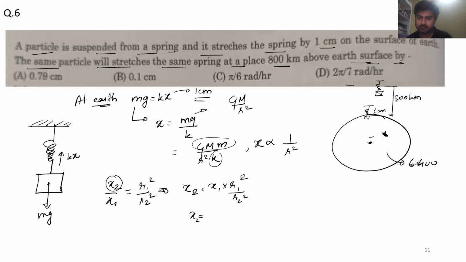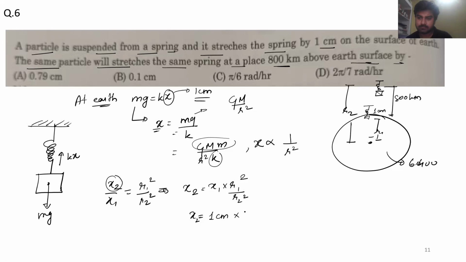I have written x1 and x2 by mistake. These are R2 and this is R1. X1 and x2 we have taken as elongation, right? So the relation of the elongation is given here. We have to find the second elongation. First elongation x1 is 1 centimeter, so the answer will also come in centimeters if I put 1 centimeter.